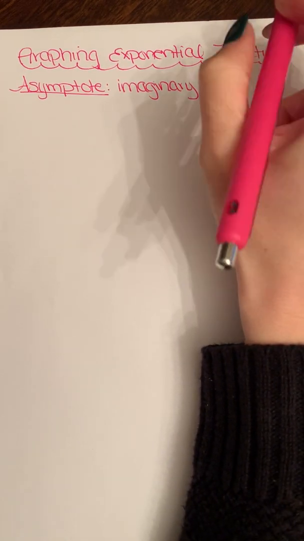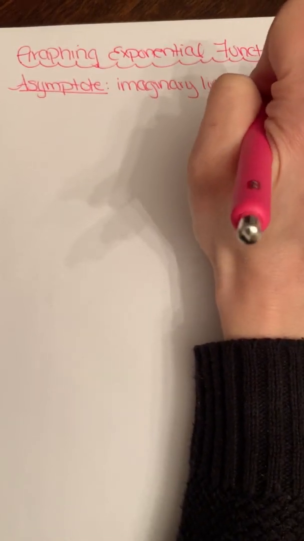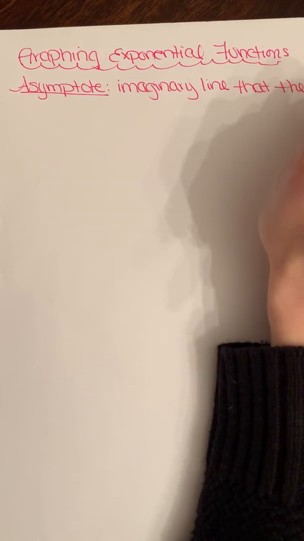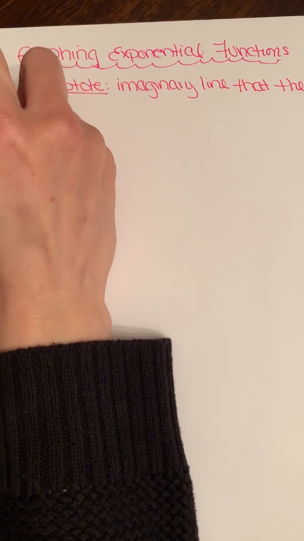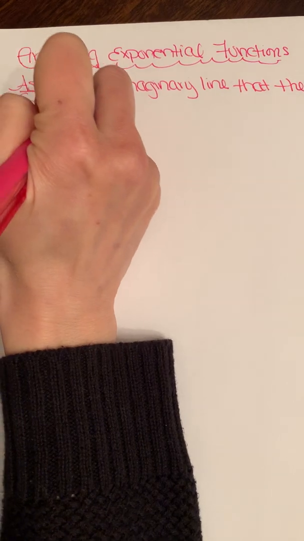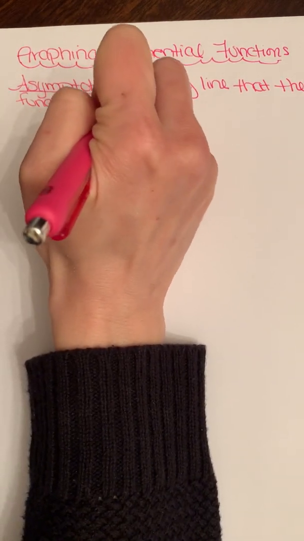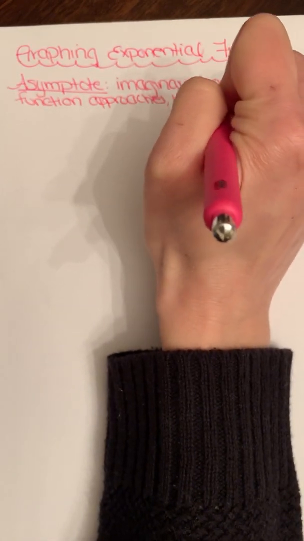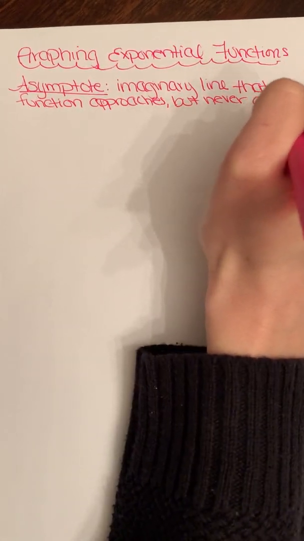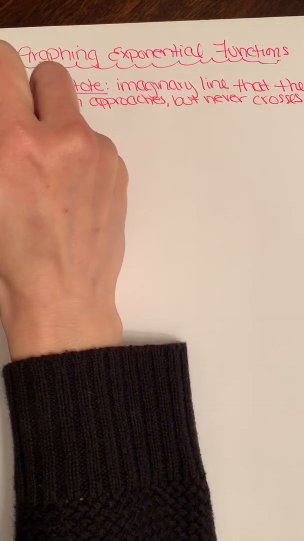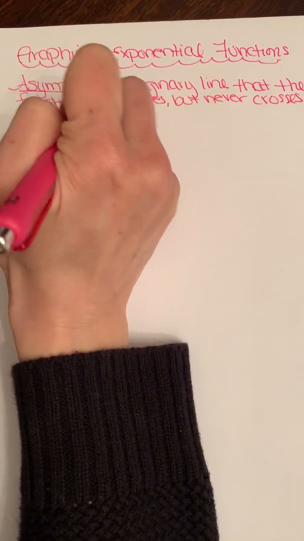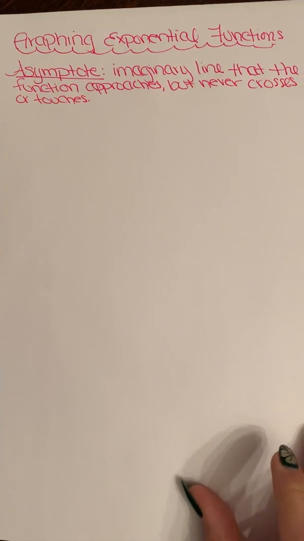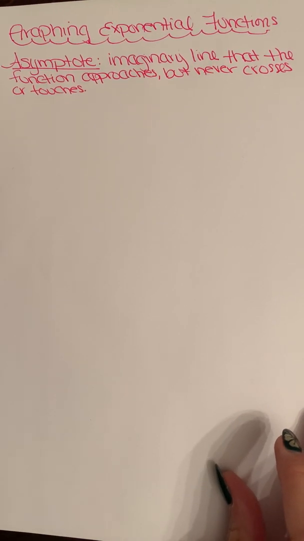So an imaginary line that the function approaches but never crosses or touches. Okay, so that's what an asymptote is.